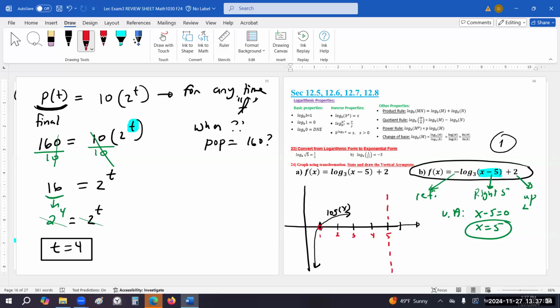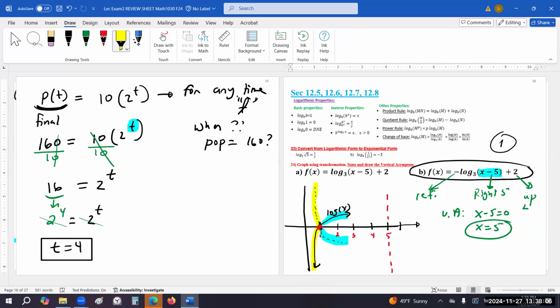We are taking our x-intercept and reflecting it. Reflecting means it becomes opposite. The up portion goes to the bottom, and the bottom portion goes to the top. So this up comes down here, and this bottom comes up there.